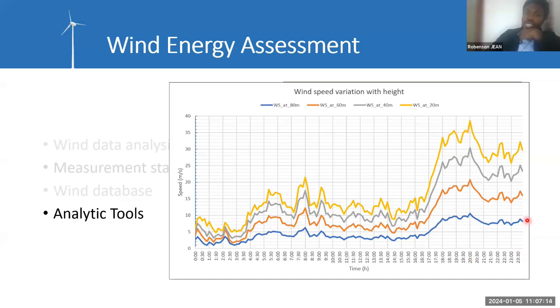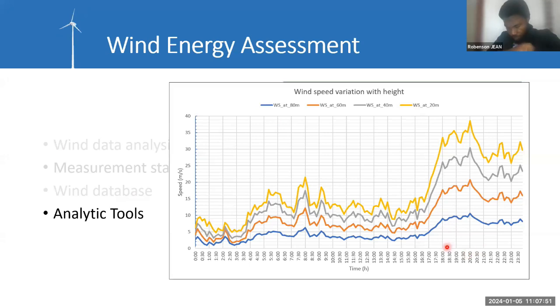And you can see that the blue line is wind speed at 80 meters, the altitude. And this is wind speed at 60 meters. The gray, wind speed at 40 meters. The yellow one, wind speed at 20 meters. So look what happened. Oh, I think it is the reverse that I took.